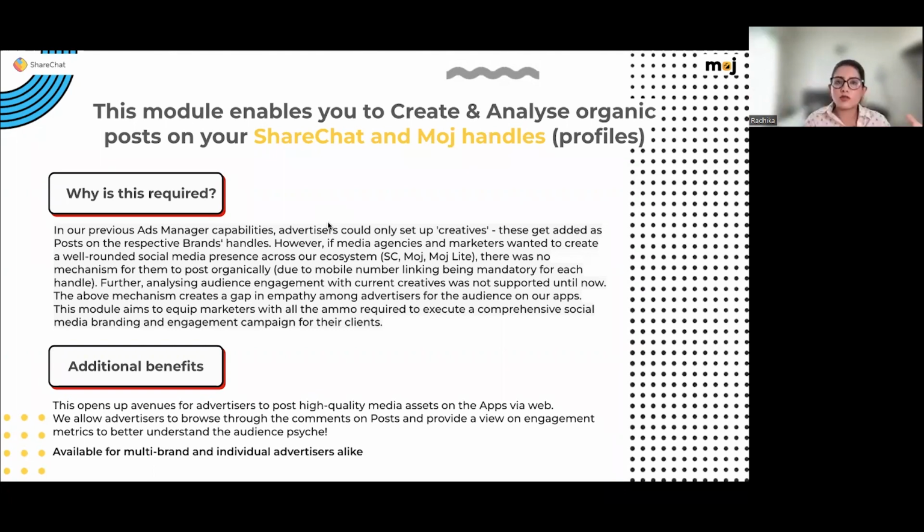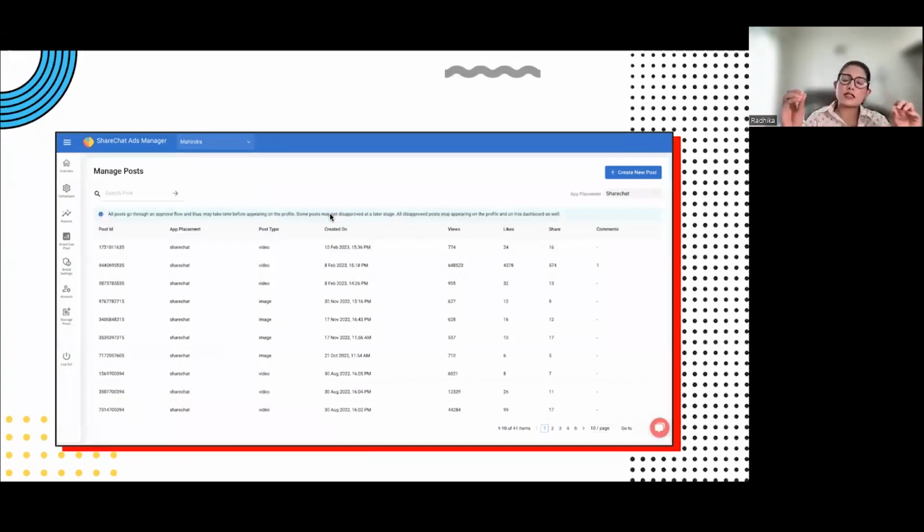Of course, there are a lot of details and a lot of capabilities that go into this module. I'll talk about them briefly in the slides to come. And just to give a little more technical details around what this module is, basically you need to ensure that once you sign up, you've given us the details about your brand logo and your brand name, and you have ensured that your Moj and ShareChat profiles are up to date via our ads manager.